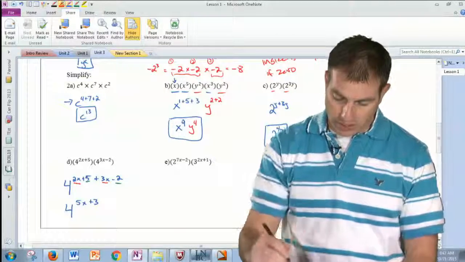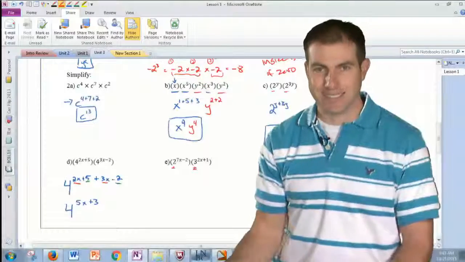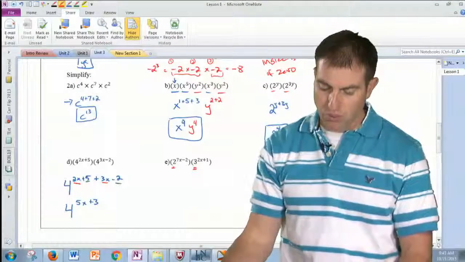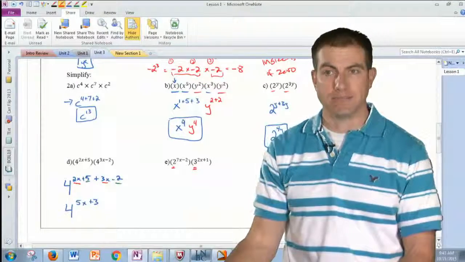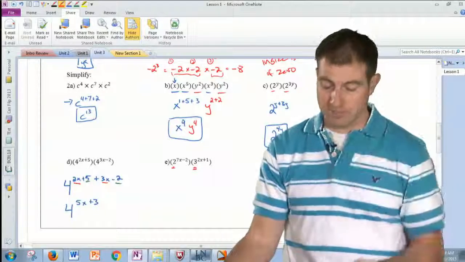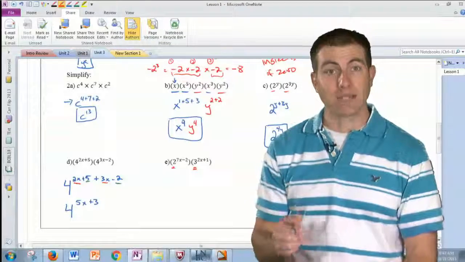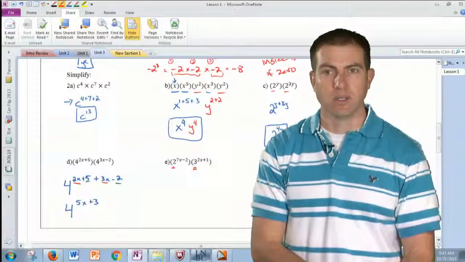The next one, we have 2 to the power of 7x minus 2 and 3 to the power of 2x plus 1. Are our bases the same? 2 and 3, are those the same base? What if the number is different? So no, the bases aren't the same. Can we add exponents when our bases aren't the same?